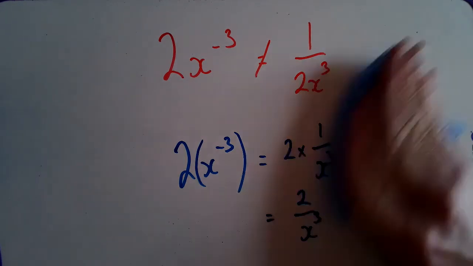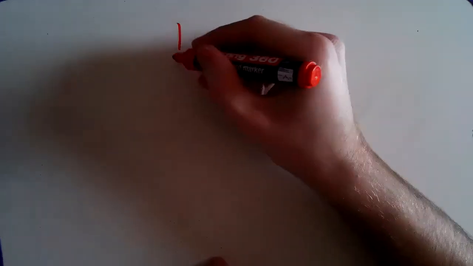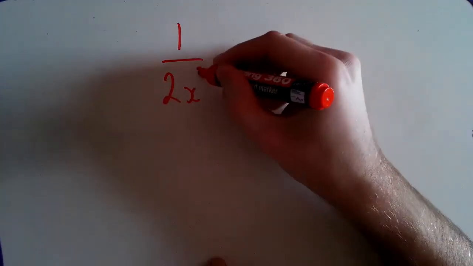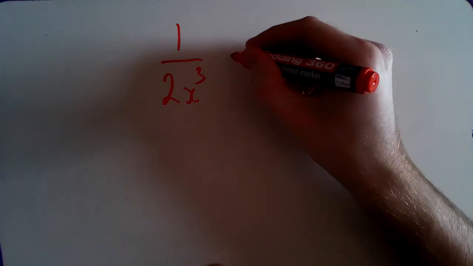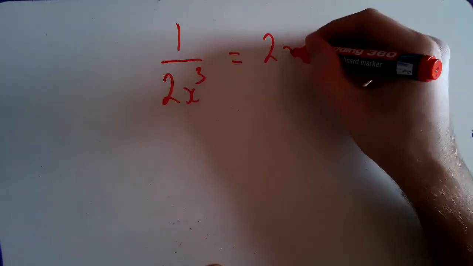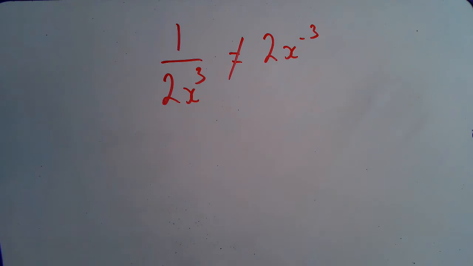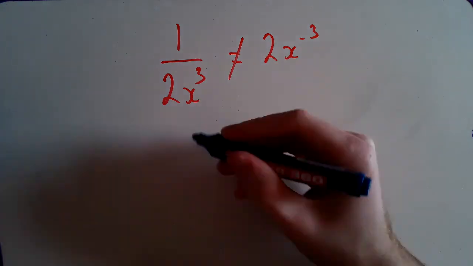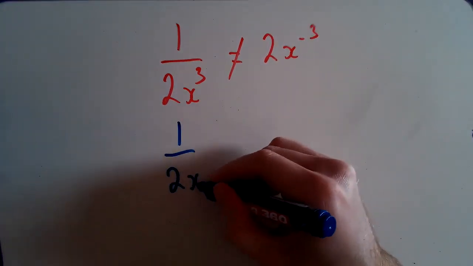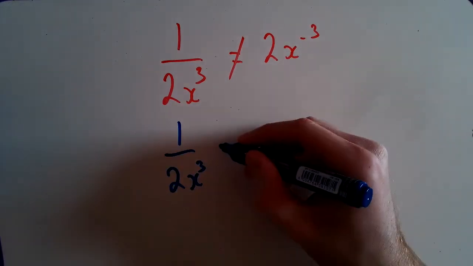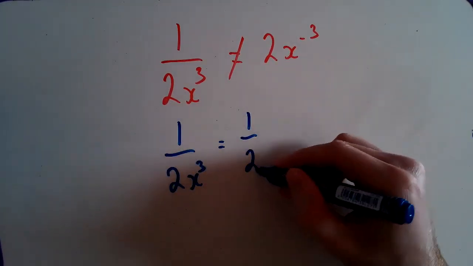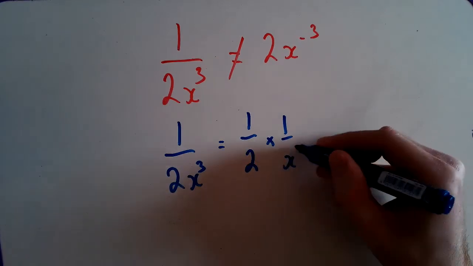And conversely, I've seen this mistake: something like 1 over 2x cubed, people think that is the same as 2x to the minus 3. But again, that's not the case. In this case, 1 over 2x cubed, I can think of that as 1 over 2 times 1 over x cubed.